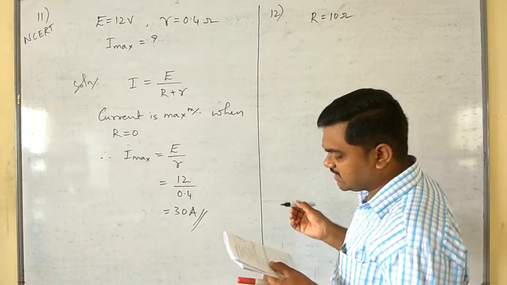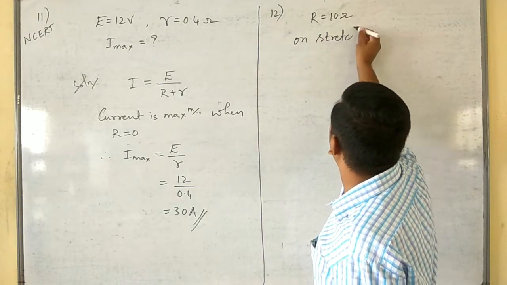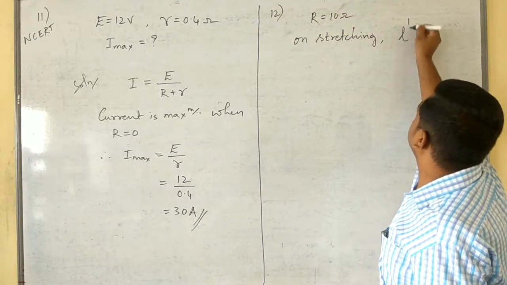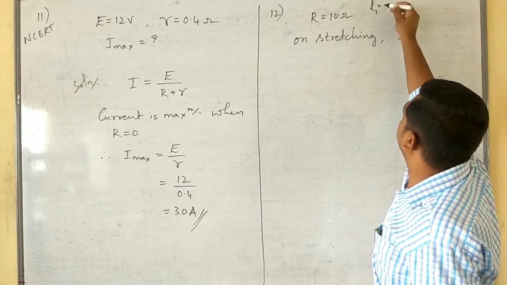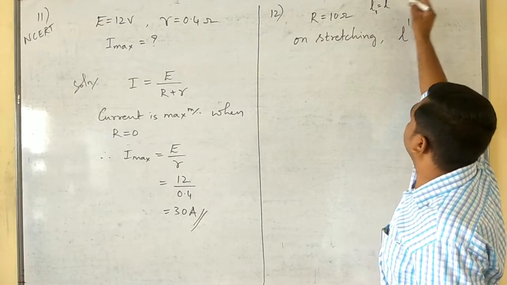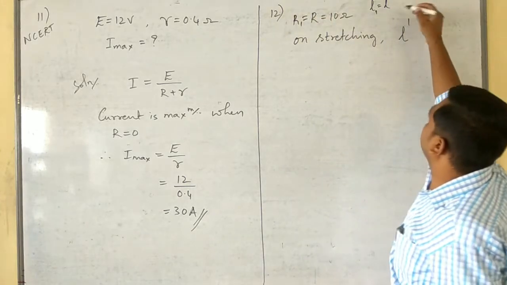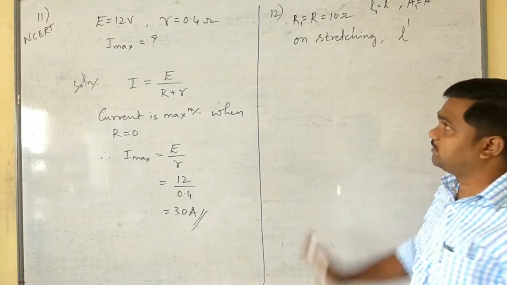Next, when it is gradually stretched, on stretching, its initial length was, say for example, L1 is equal to L, initial resistance R1 is equal to R, that is 10, initial area of cross section A1, A for example.